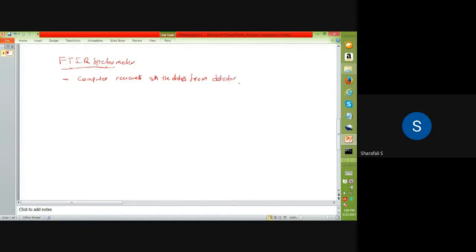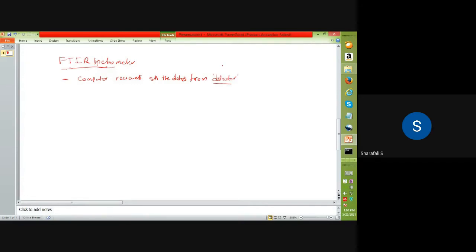The detector means we will be using a photodetector, or we can use cells which will measure the pressure difference and correspondingly the temperature, and that will be plotted as transmittance. Any of those detectors we can consider, and from that detector the computer receives the data.